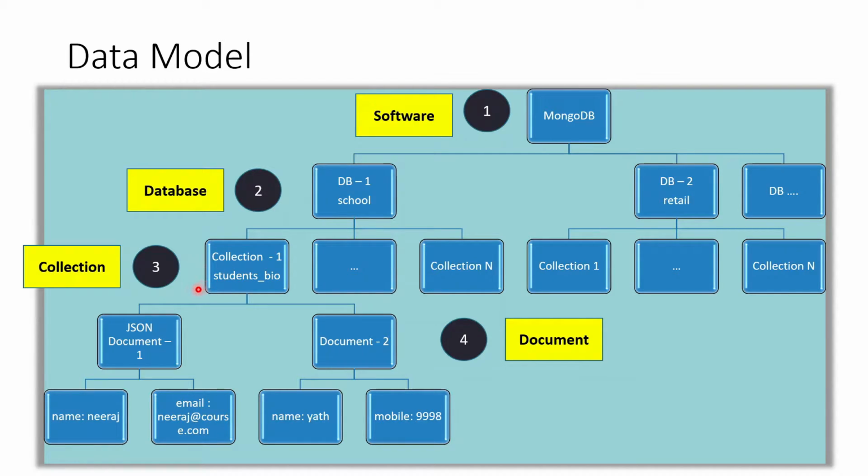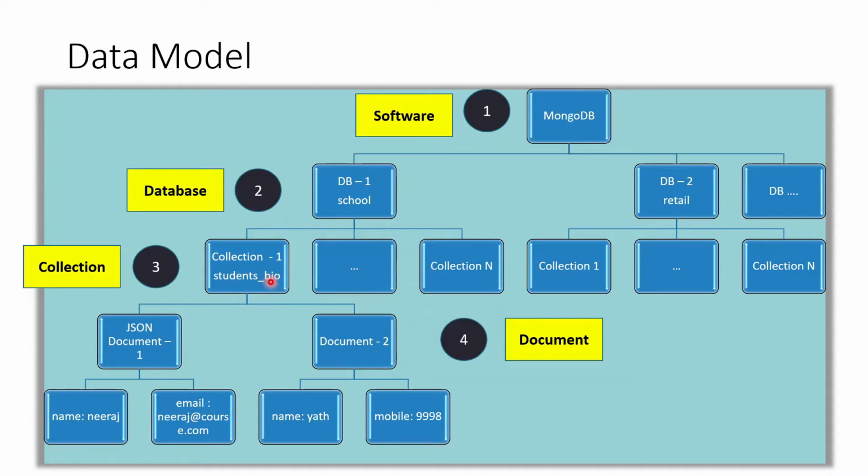If you look at number 3, in the school database we can have multiple collections, which are tables in RDBMS: students bio, or maybe classes, courses, teachers. All those things can come under a school database. Similarly for retail, there can be n number of collections respective to the retail use case.